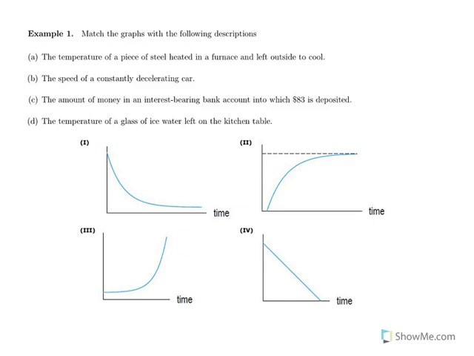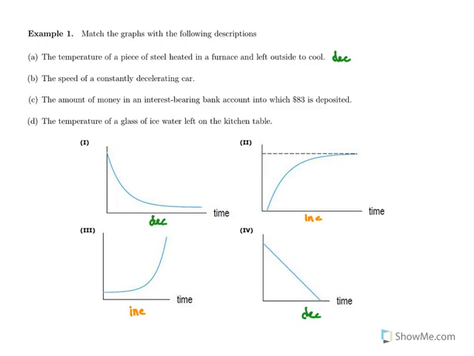First, two of these functions are increasing, and two of them are decreasing. So let's try to match it up, which one's increasing, which one's decreasing. The temperature of a piece of steel heated in a furnace and left outside to cool is decreasing as it is cooling.